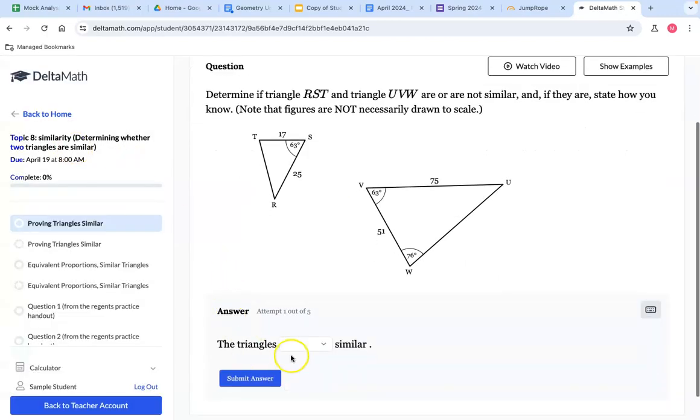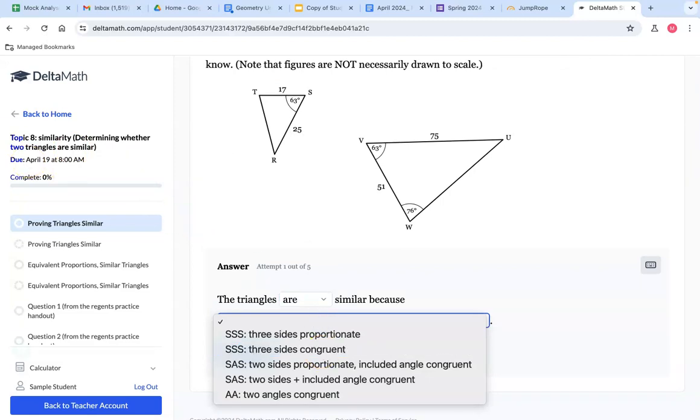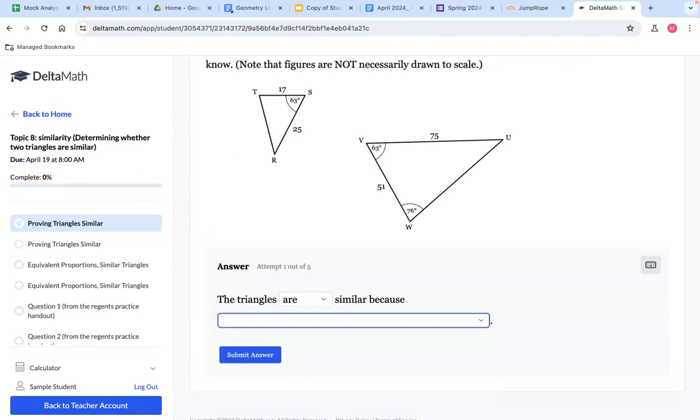This is the included angle. So I'm just dropping this down. When they talk about included angle, they're talking about the angle in between them. So this angle is what they're referring to. So the included angles are congruent.